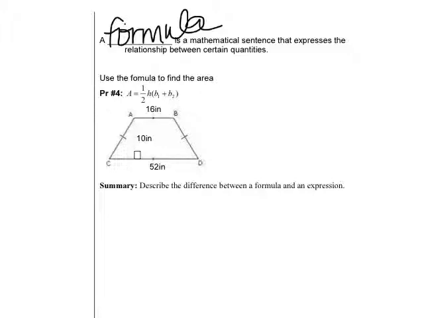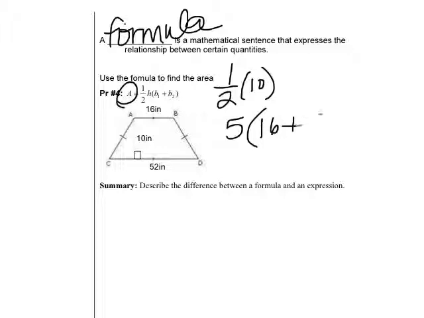So the nice thing about formulas, there's always one thing missing. In this case, it's our area. That's what we're looking for. We have values for everything else. So we have 1/2 times the height, which is 10. Now you could shorten that up and just make it a 5, times the base, it doesn't really matter which one is base 1 and which one is base 2, 16 plus 52, which gives you 5 times 68.